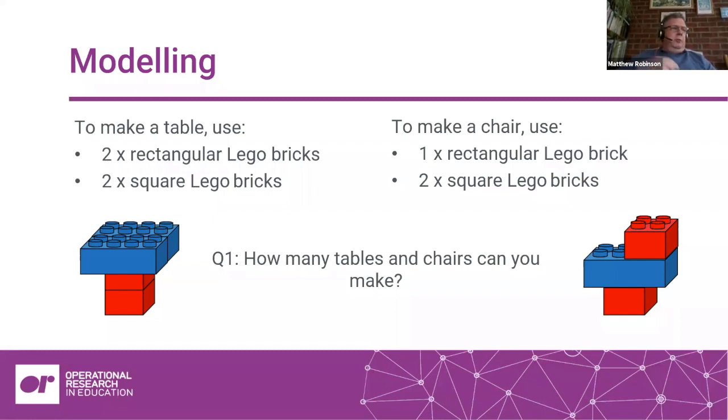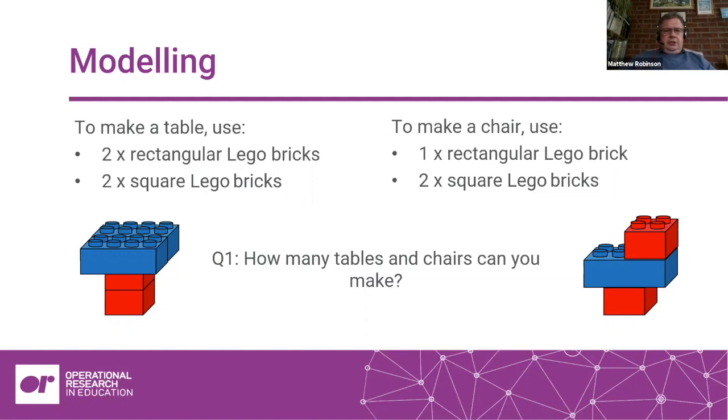So remember, the 4 options are 4 chairs. The second option would be 1 table and 3 chairs. The third option would be 2 tables and 2 chairs. And the fourth option would be 3 tables and no chairs.